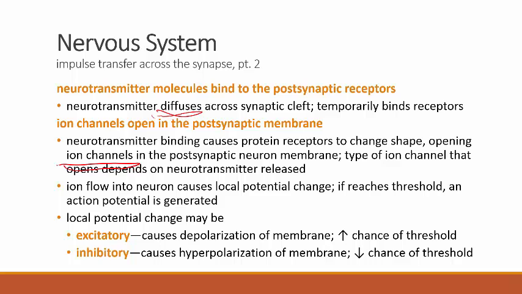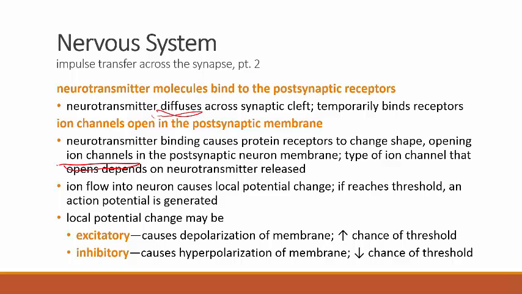If sufficient stimulus is received at the axon hillock of the postsynaptic neuron, then an action potential will be generated. If there is sufficient stimulation, then it will generate an action potential down the axon of the postsynaptic neuron.